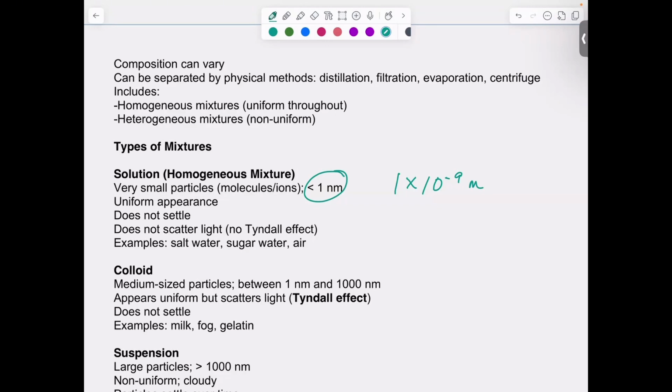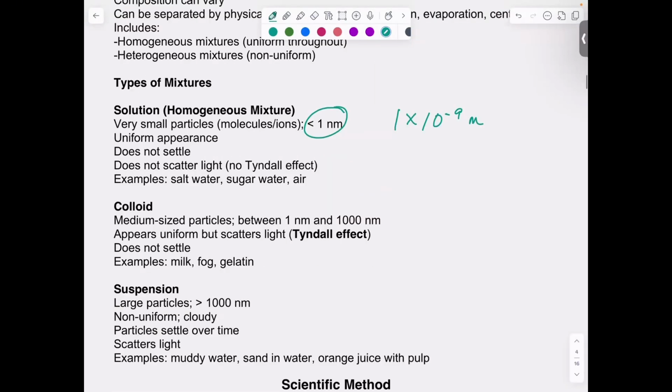So you can take a glass of milk and shine a flashlight on the clear glass that it's sitting in, and it would scatter the light. I think that's something high school chemistry students engage in. They look at different examples of the Tyndall effect. Again, we have examples of milk, fog, and even the gelatin or jello that you eat. That is considered a colloid substance.